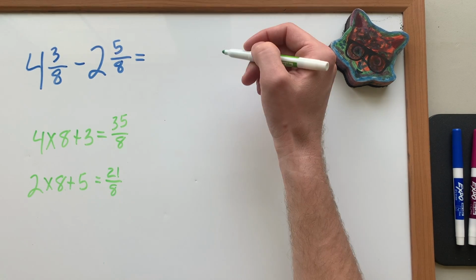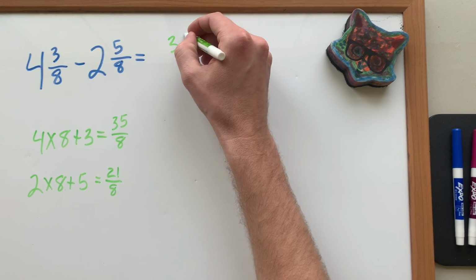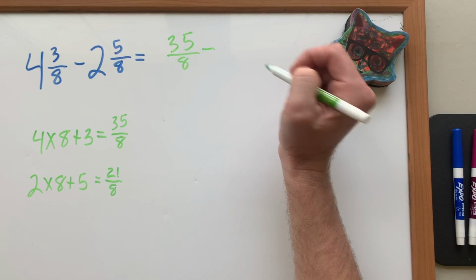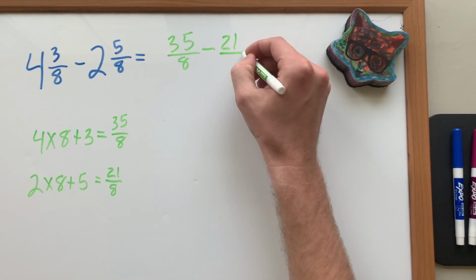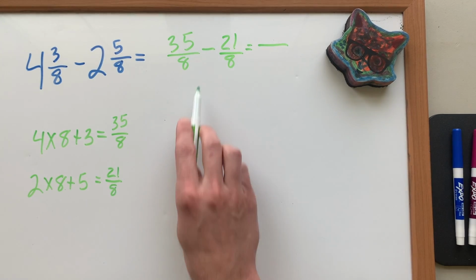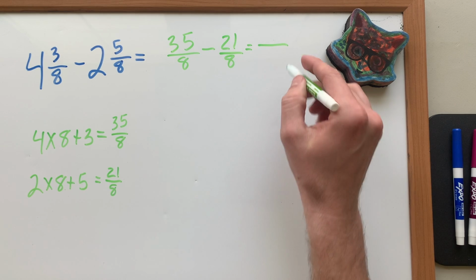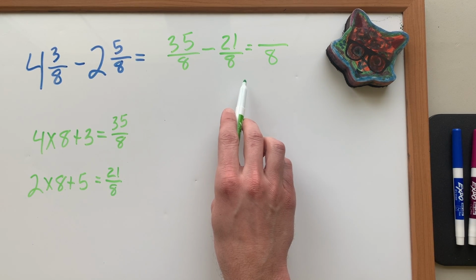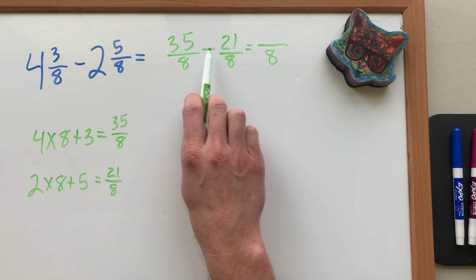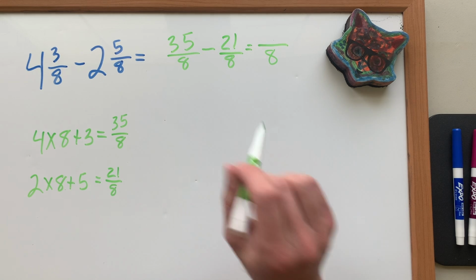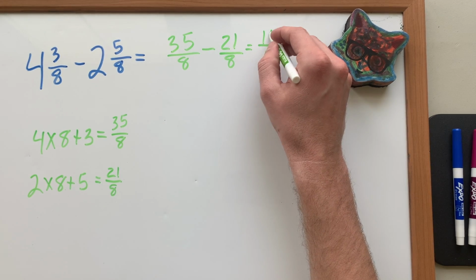Now I can rewrite this problem as 35 eighths minus 21 eighths. I still have a subtraction problem with two fractions that have the same denominator, and so we're going to keep it. But now I have a bigger number and I'm subtracting a smaller number, and 35 minus 21 is 14.